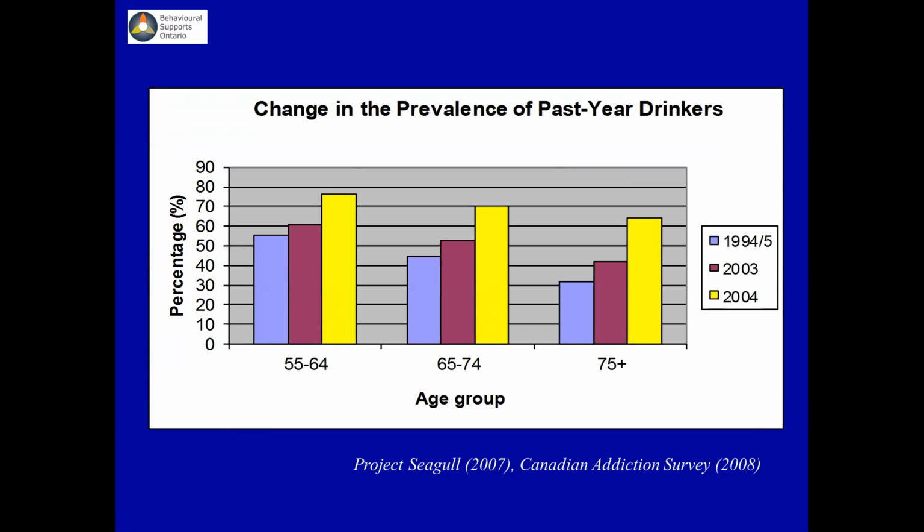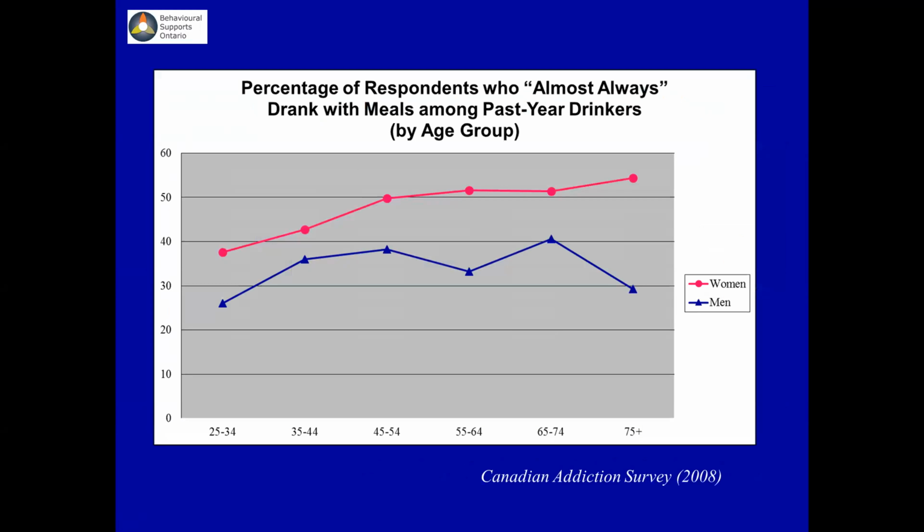And just from 2003 to 2004, there's an even steeper increase in the prevalence of past year drinkers. So although with the previous diagram you could see there was generally a decrease in the prevalence of past year drinking, what we've seen is with time and with changing cohorts, we're seeing more and more older adults drinking a little more regularly.